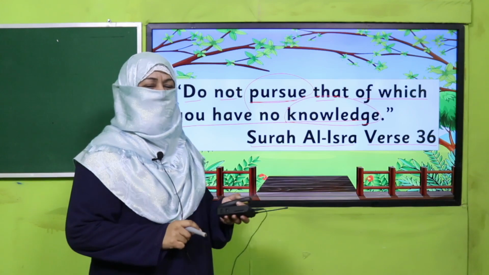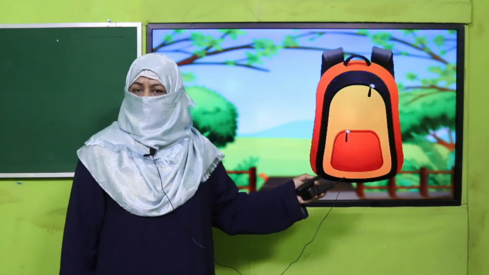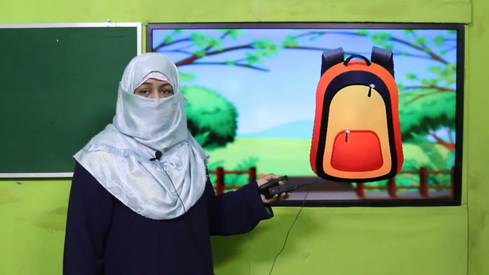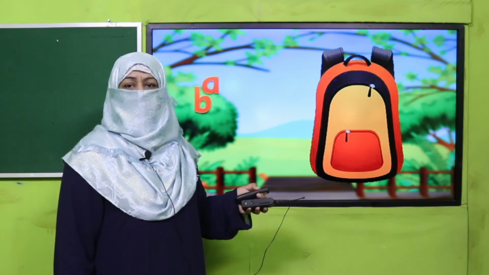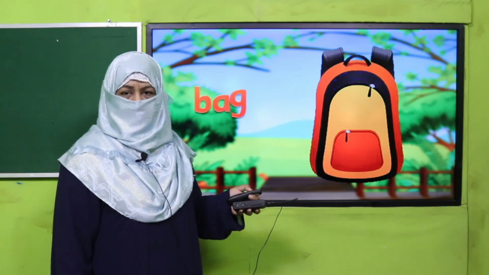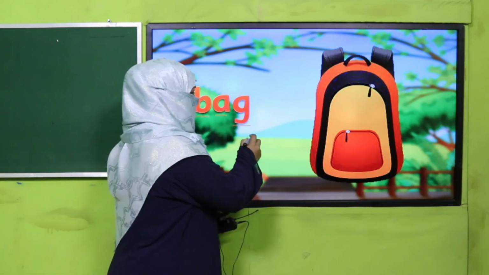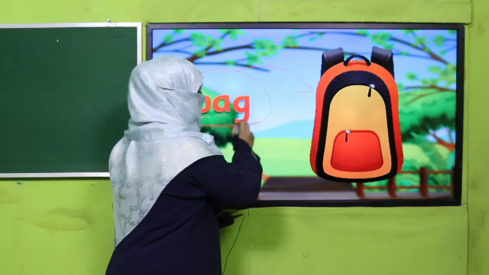Today we are going to learn another concept. Look at this image. What is this? It's a bag. And how do we say it? B, a, g. Remember, I've taught you by saying the individual sounds, you blend them and you say the word bag.